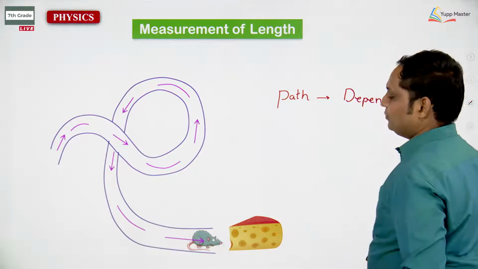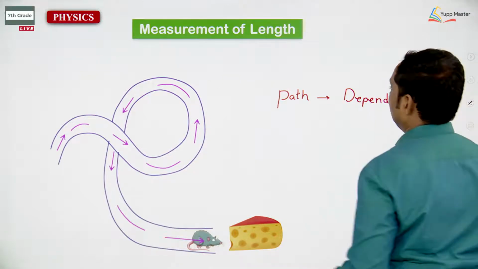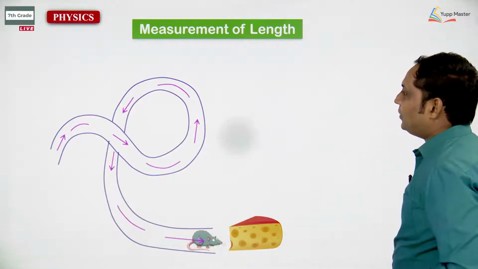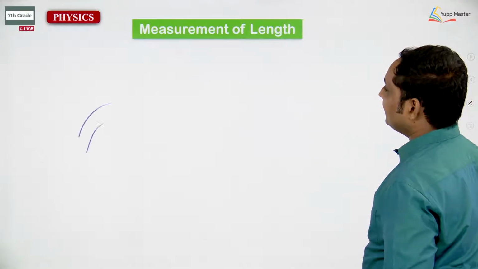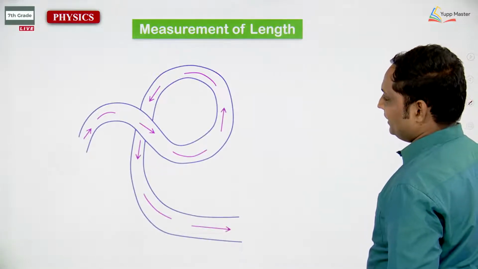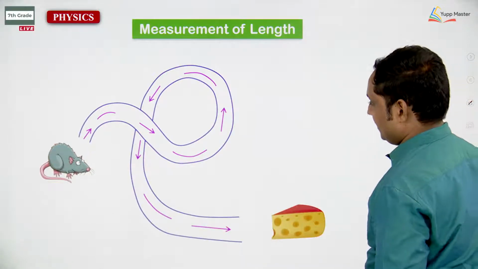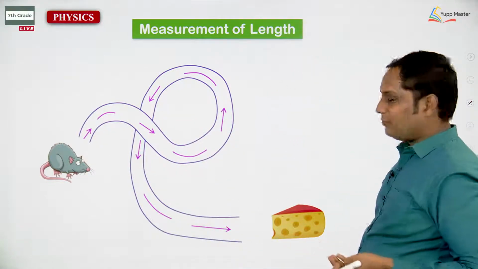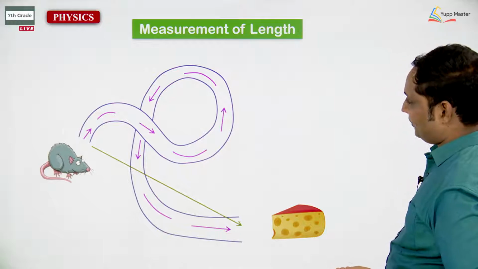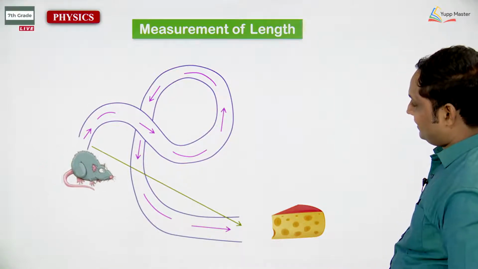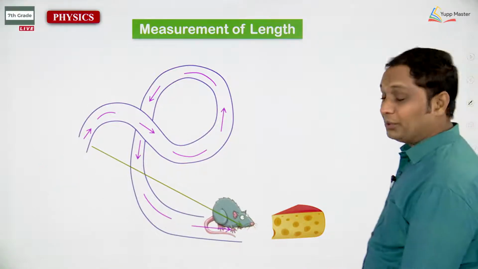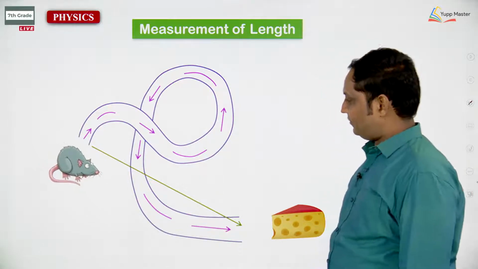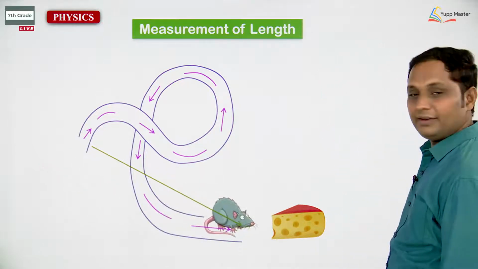Now sometimes it's going to be taken as the shortest path, you have to see that this is the case. How is it going to be taken?